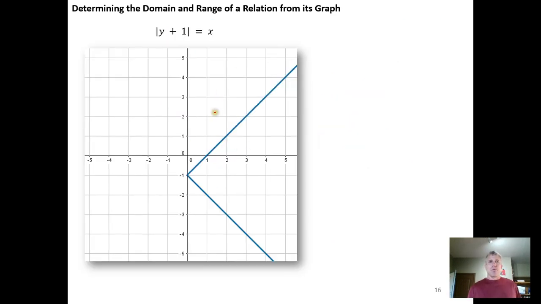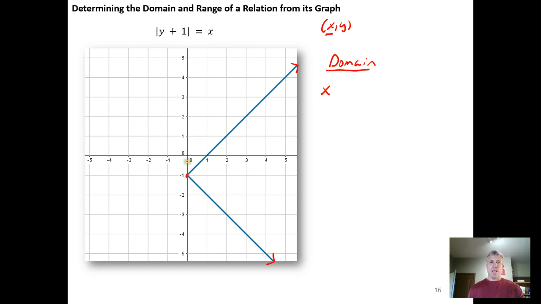For this example, again, the ordered pairs are going to be x, y ordered pairs. And for the domain, we're just identifying where does x live. And here we have an arrow going up to the right, and here we have an arrow going down to the right. And for the x values, what we see is that x actually has a starting point right here.